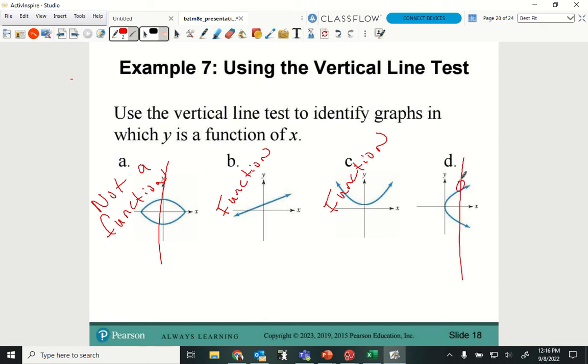If you notice, it does cross more than once, doesn't it? So this one is not a function. I'm hoping everyone is actually writing these down for each one, because that's super important, right?